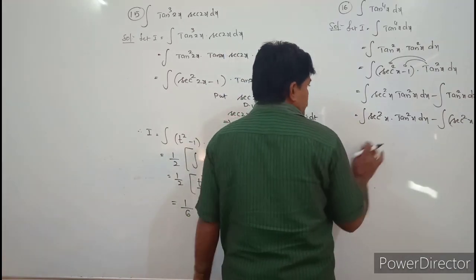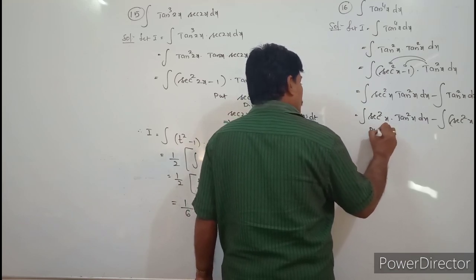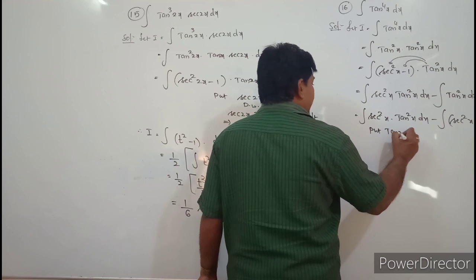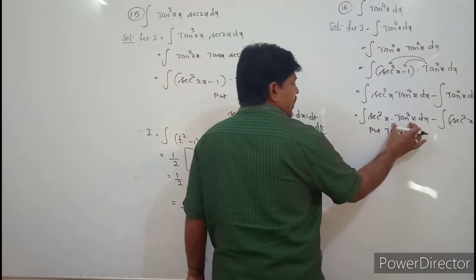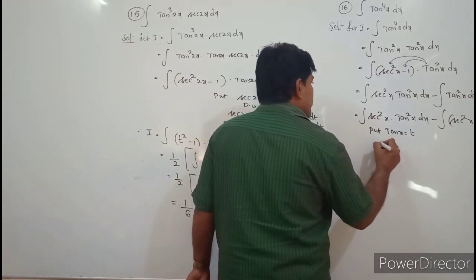So what happens here? For this integral I am taking the independent variable: put tan x is equal to t. Automatically what happens?